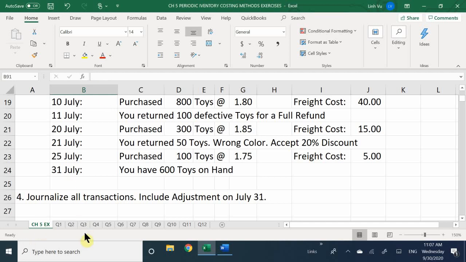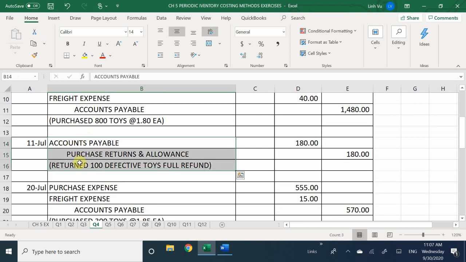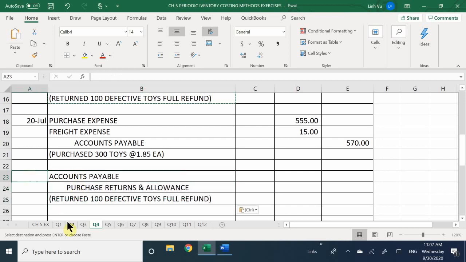So here I'm going to go in my journal and I'm going to recognize that, well, at least I know this part. I know that my foundation is going to be that I'm going to get a return on my account for the items because I'm attempting to return. But another thing is because I'm willing to accept the discount that they provide for me, I'm going to still recognize the allowance for the purchase returns and allowance.